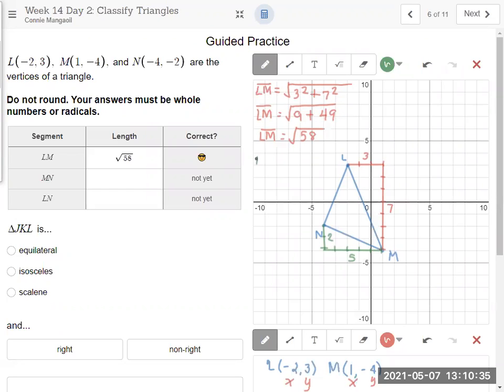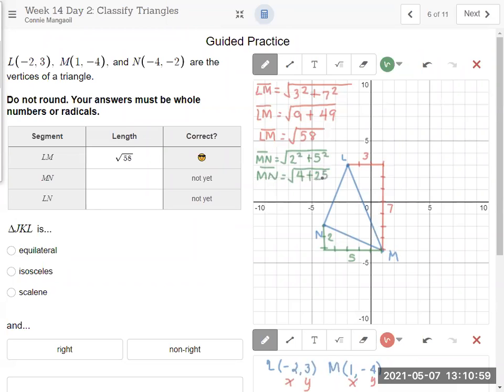So our MN would be equal to the square root of, the sides are 2 and 5, so 2 squared plus 5 squared. 2 squared is 4, that's 2 times 2. 5 squared is 25.